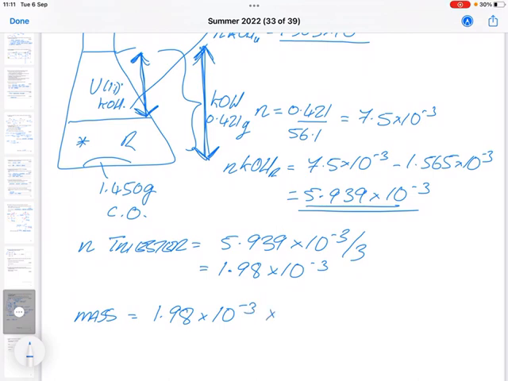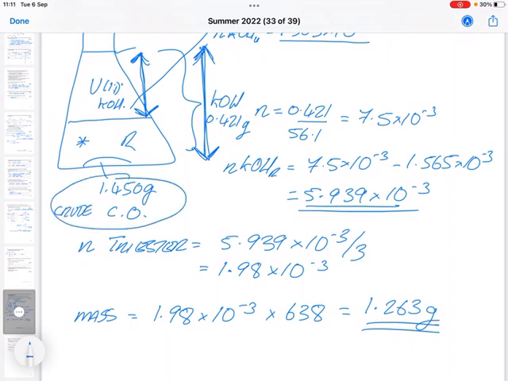So 638, which is equal to 1.263 grams. So that's how much I've actually got. So this is my crude here. Okay, and this is the actual amount here.